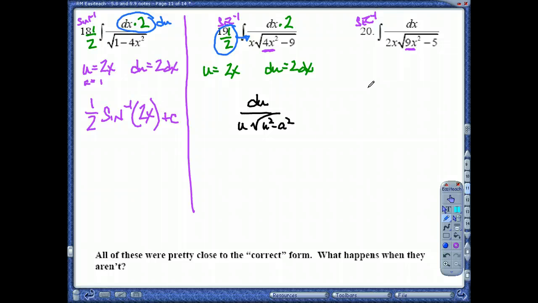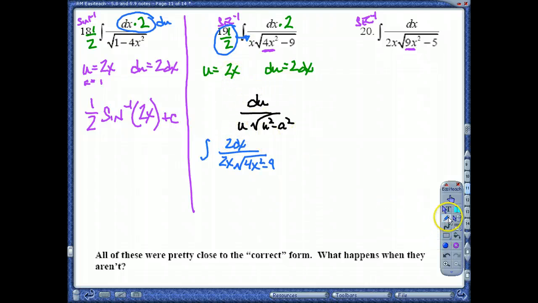We need that inside. So that's kind of weird. When I rewrite this, I have my 2dx over 2x square root of 4x squared minus 9. So that 2 that I needed for my du, that 1/2, I needed on the inside this time.